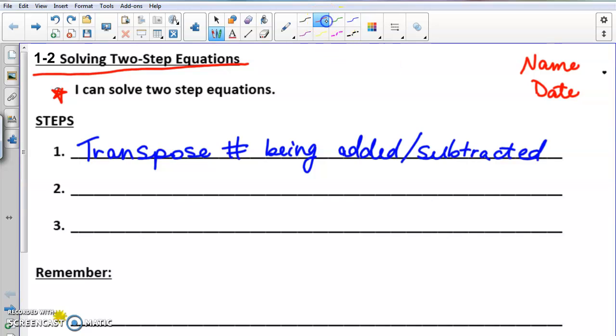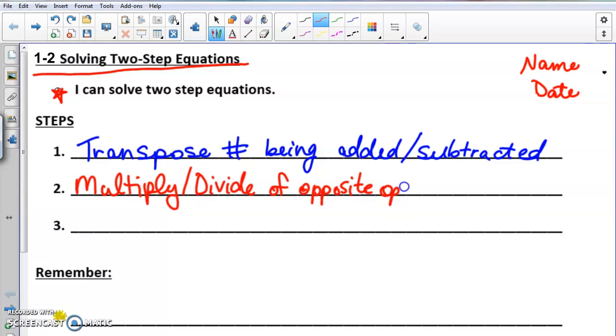Step 2. We're going to multiply or divide, whichever one is the opposite operation, to both sides of the equal sign.